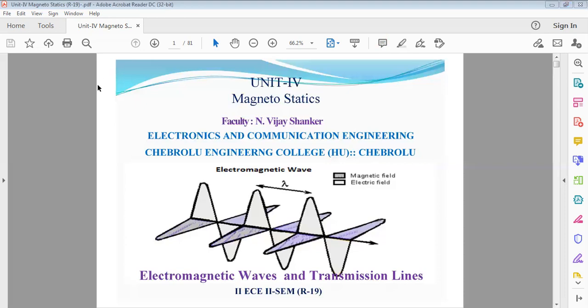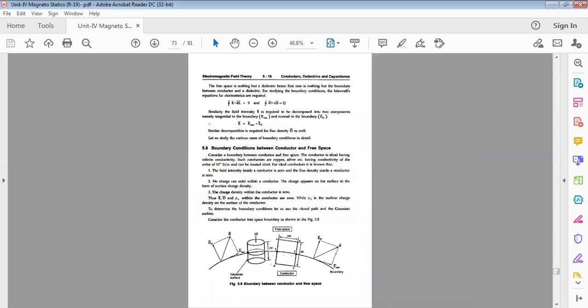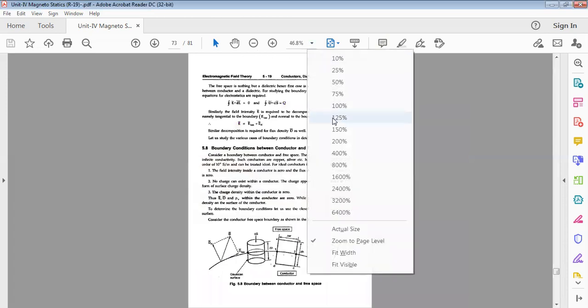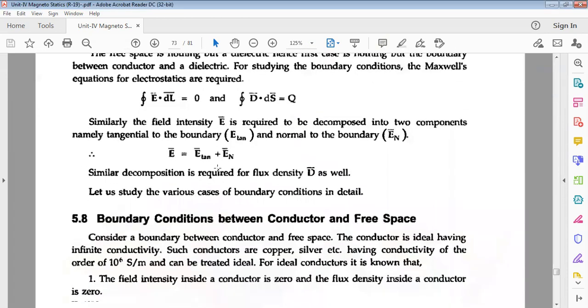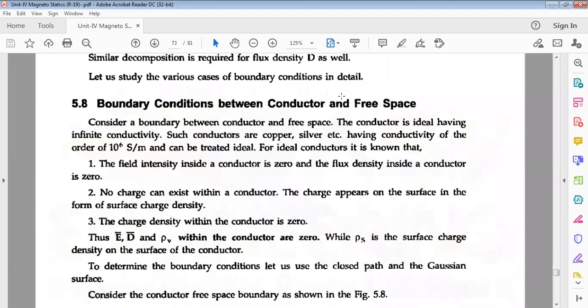First of all, you can see the boundary conditions between the conductor and the free space.